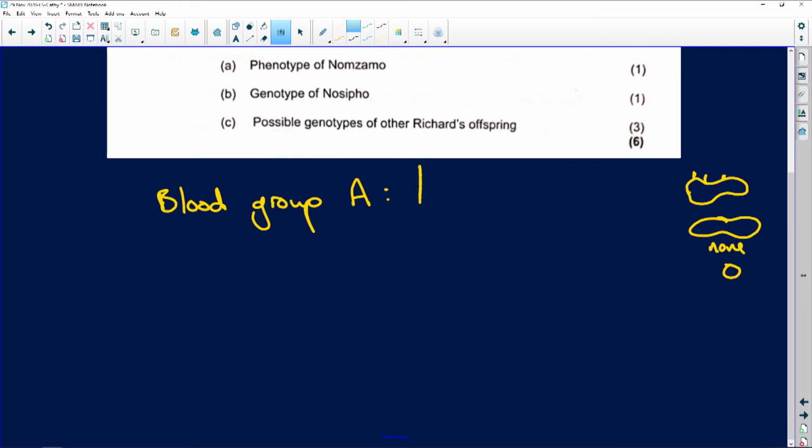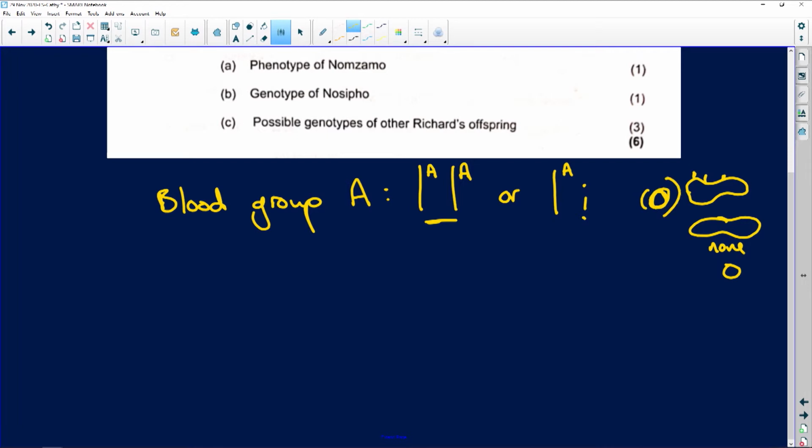The line is for the allele. This would be allele A, homozygous, or you can get heterozygous for A, which will be allele A and allele I, which codes for blood group O. I'm going to put here in brackets O, that's for blood group O.